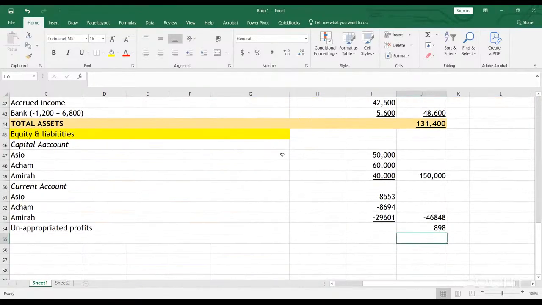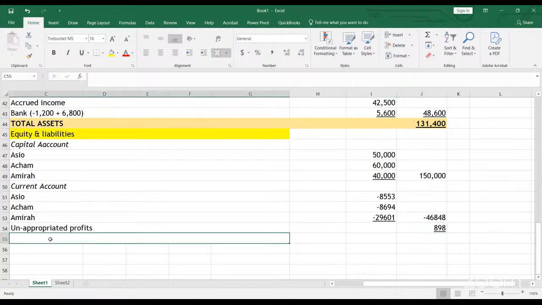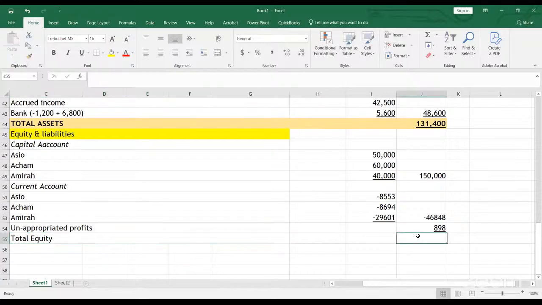That one is there. So now we can get the total equity. Let us try to get the total equity. That will be the capital plus the current account balance plus the unappropriated profits, giving you 104,052.